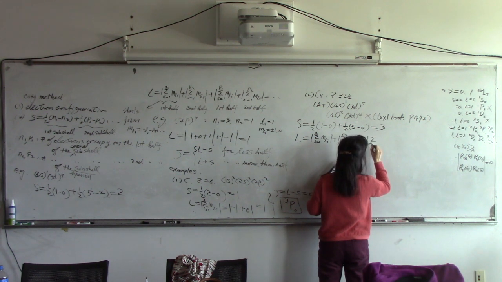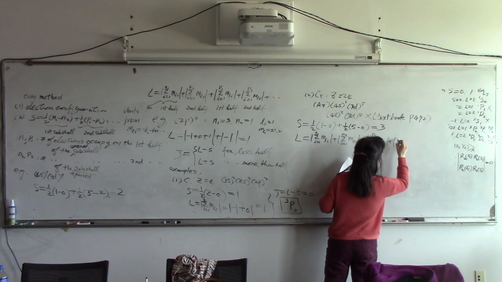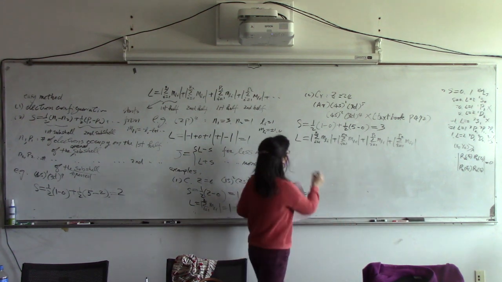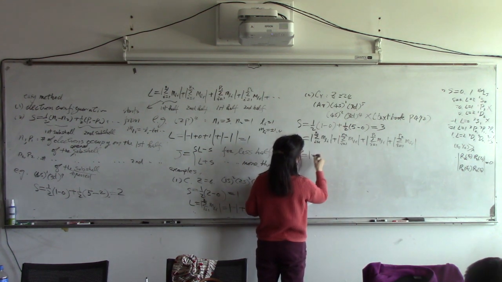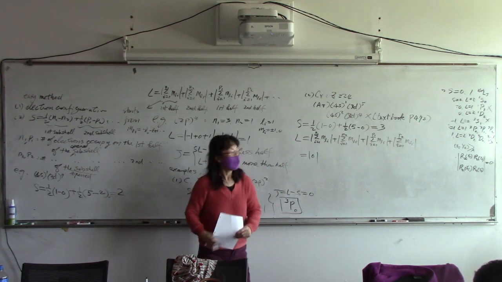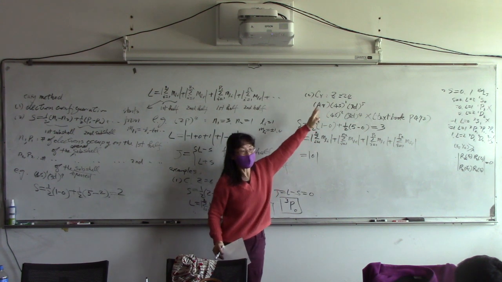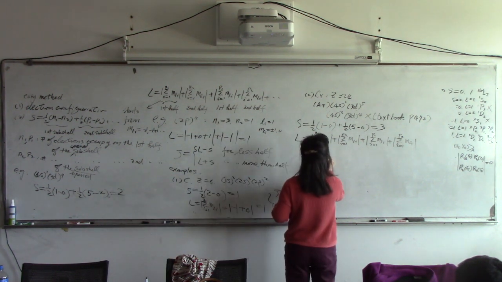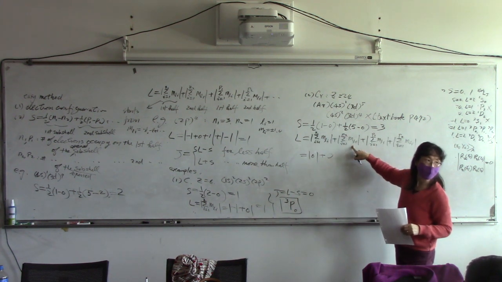Then now the first one is only 4s, right? So that is 0. L is 0. And the second half is also 0 because no electron occupies the second one, right?